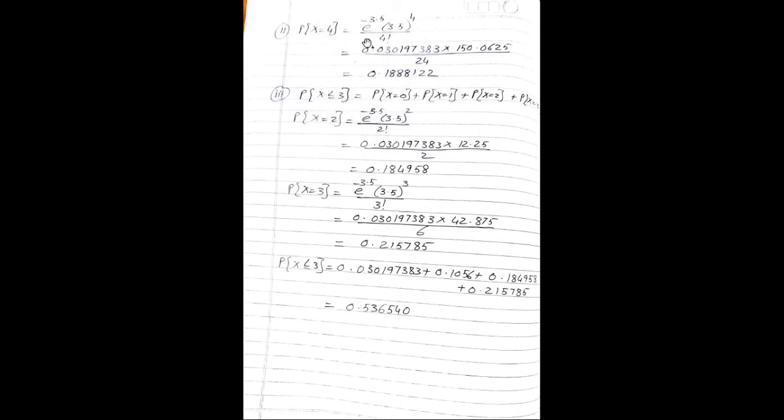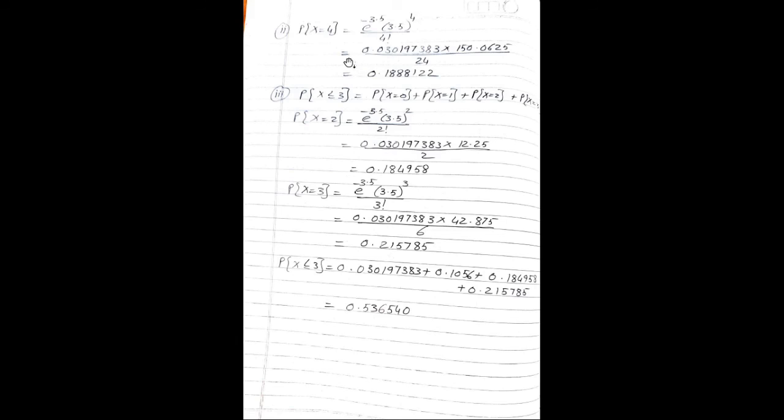And probability X greater than or equal to 2 can be written as 1 minus 0.0302 plus 0.1056. So the total answer becomes 0.864119. Then second part, we want probability X is equal to 4, which is nothing but e raised to minus 3.5, 3.5 raised to 4 upon 4 factorial.